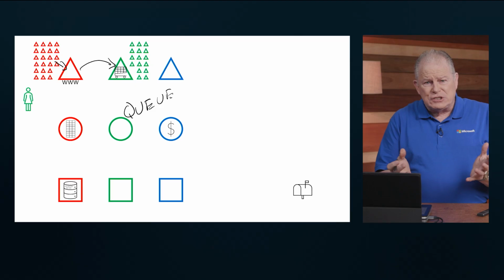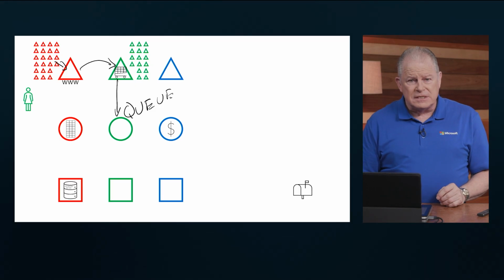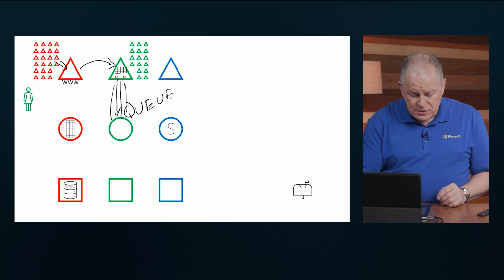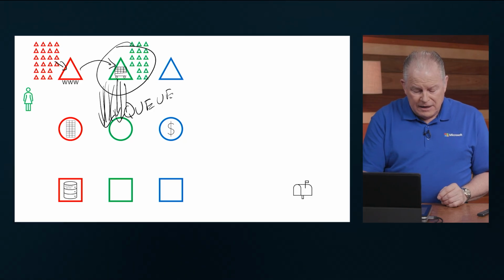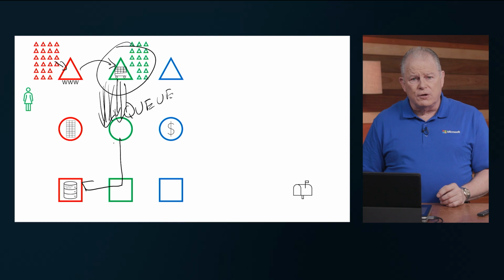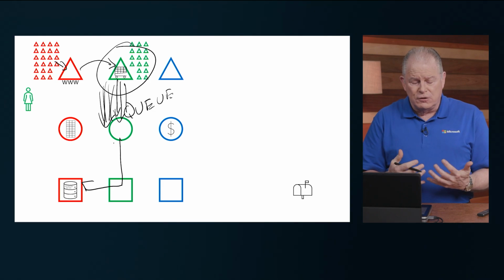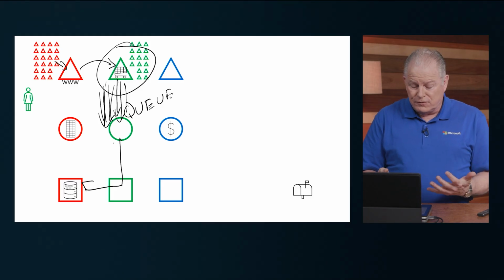A queue in general is a way to provide decoupling, because now I put items into the queue, and as long as the queue can handle thousands or hundreds of thousands of things being put into it, I decouple my front end, because everybody puts things in the queue and they go away. Then I can start pulling items out, maybe through an Azure function or some activity, and process them in order without having to impact the end users. So here's a couple of different types of queues.